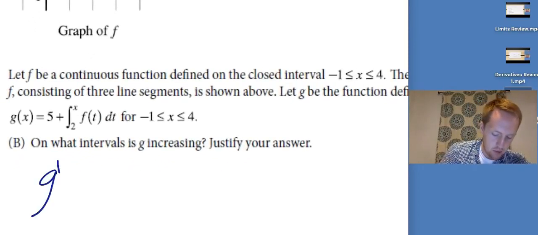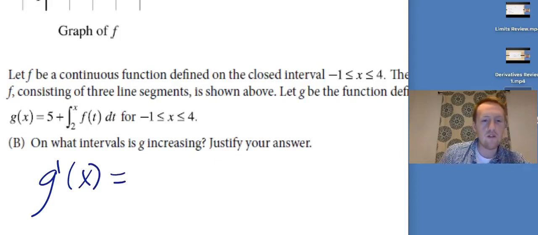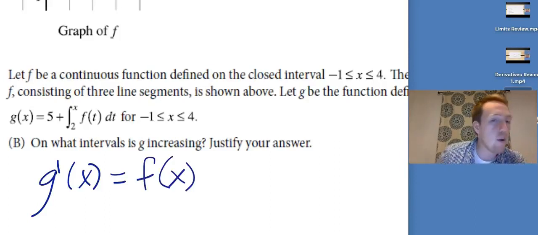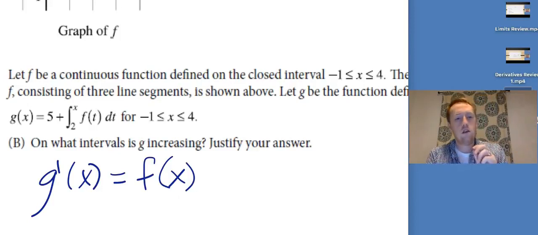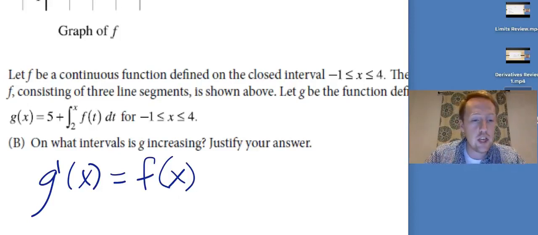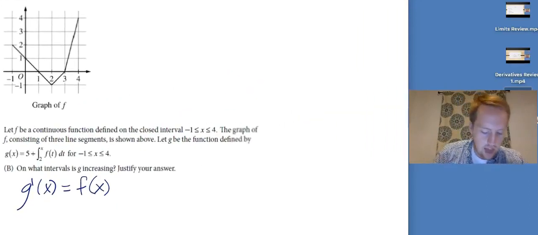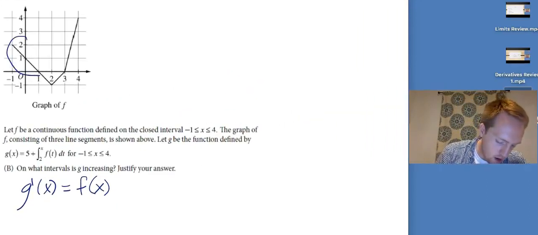I'm going to see g prime of x is equal to, well, the derivative of 5 is 0. And now I've got the derivative of an integral, so that's just f of x. I got a point just for writing that. So now I need to find when g prime is positive, which is the same as finding when f is positive. Well, f is positive here, and f is positive here.